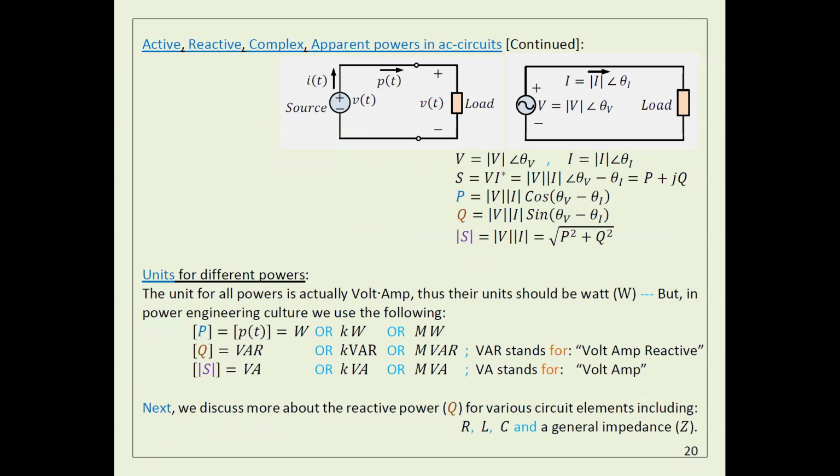This one is volt-ampere, and this one is also volt-ampere. I'm not using different units. All of them are volt-ampere, but I use different names to differentiate between them. The magnitude of the complex power, which is called apparent power, we call VA.